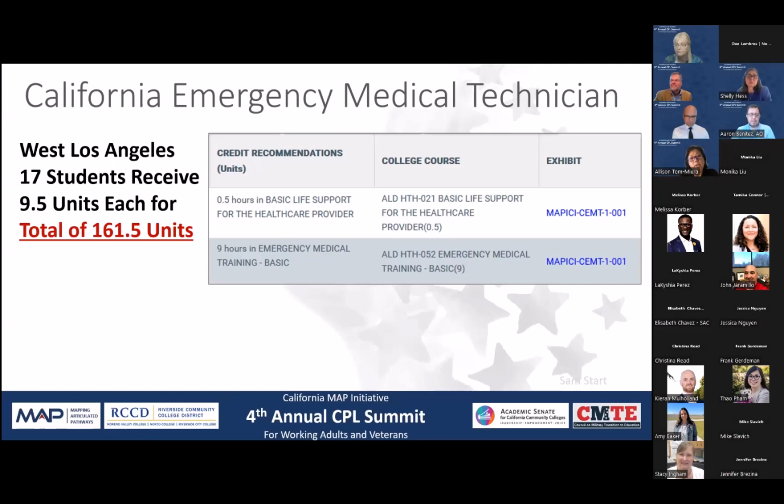We wanted to make sure that we put everything into MAP and move forward in processing all of our CPL through MAP, because we were using Excel and Adobe Sign, and it was a very painful process. This is going to be so much easier, and students are very excited.